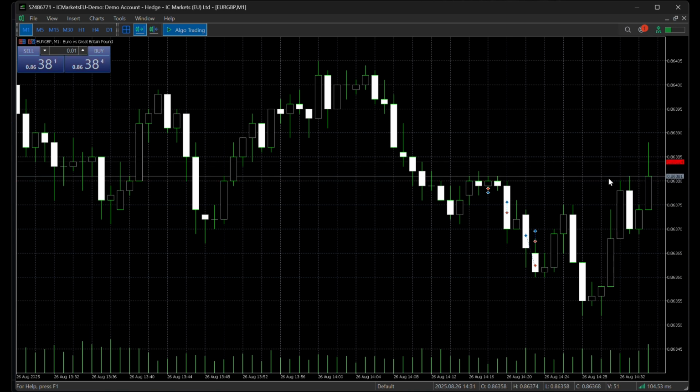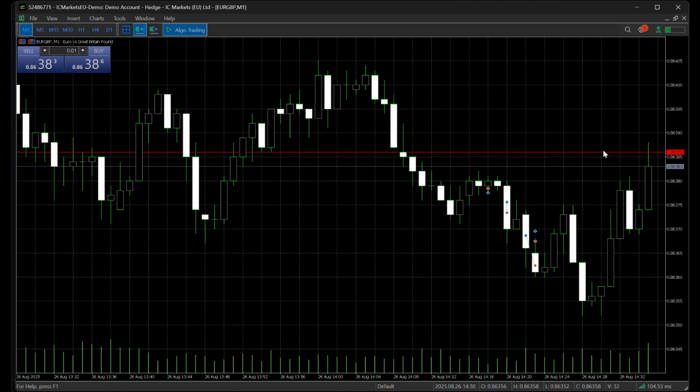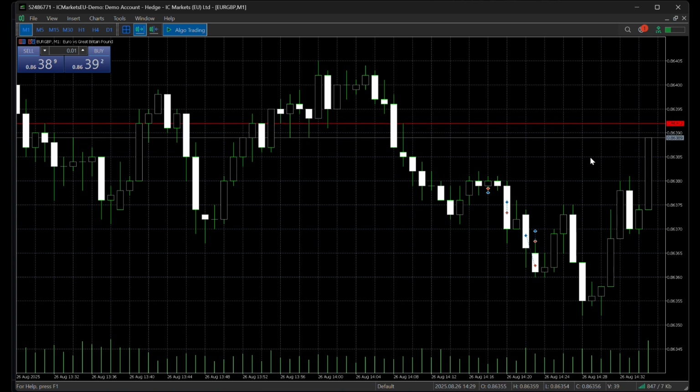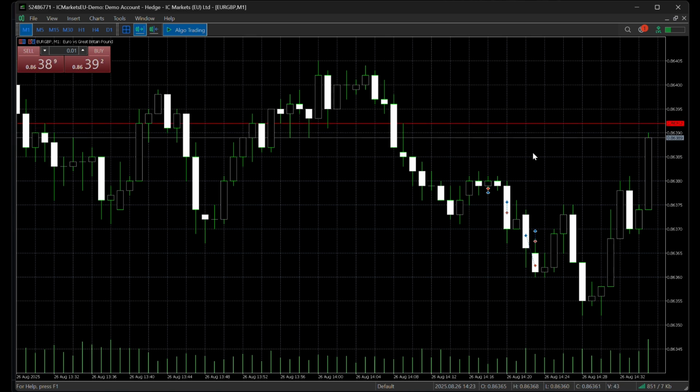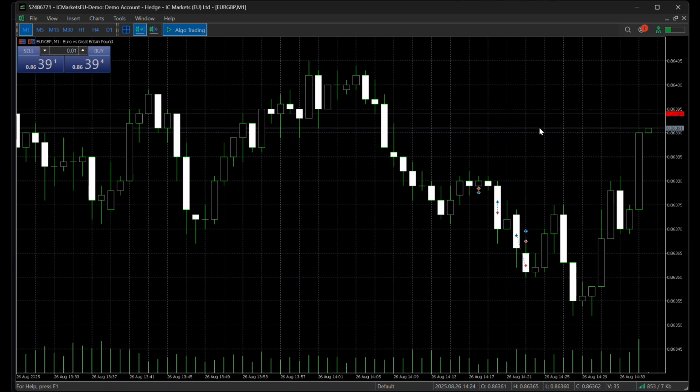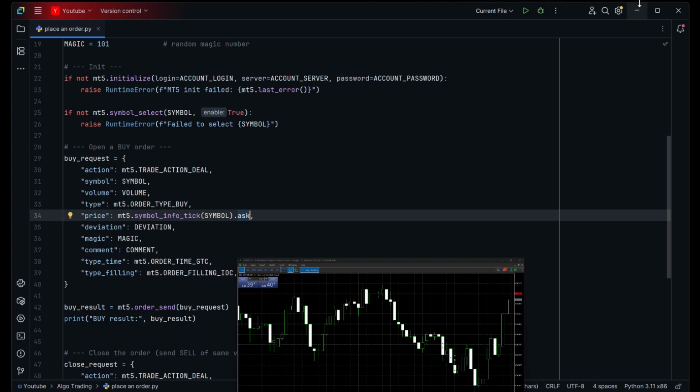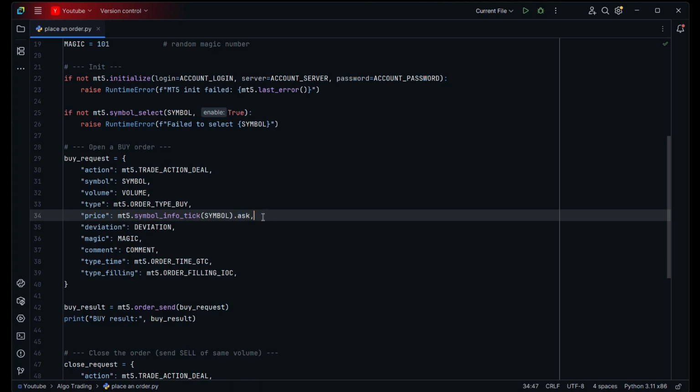This gap, this spread, is due to the market, the order book, sorry. And it's also quite good for the brokers, because you cannot do millisecond trading. It means that if you open a position and you close it instantly, you will basically have a loss due to this spread. So yeah, I'm asking for the ask.